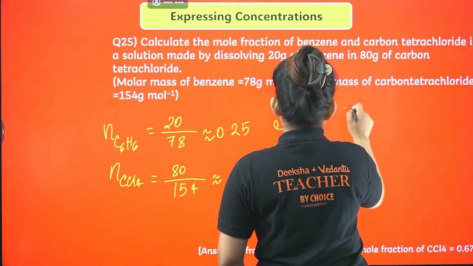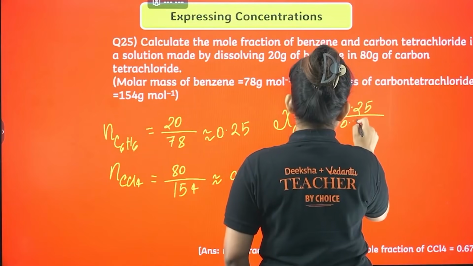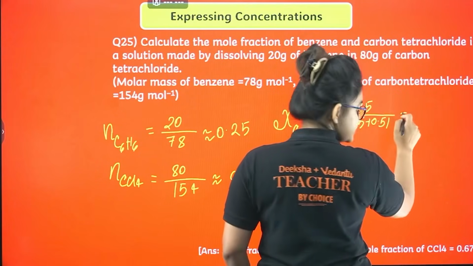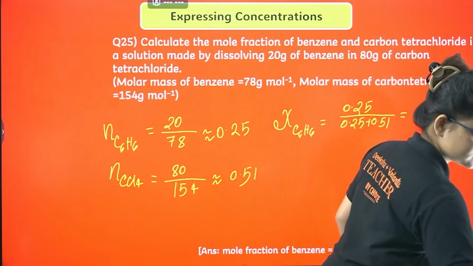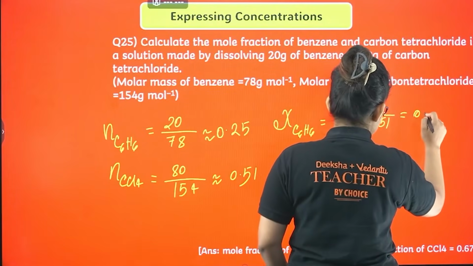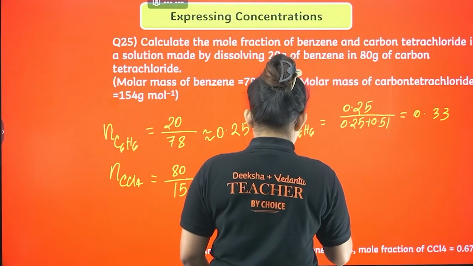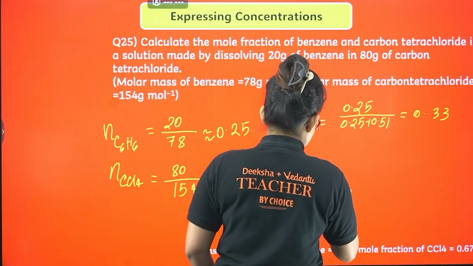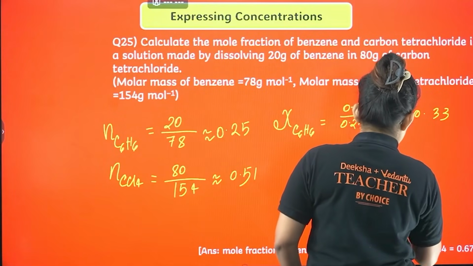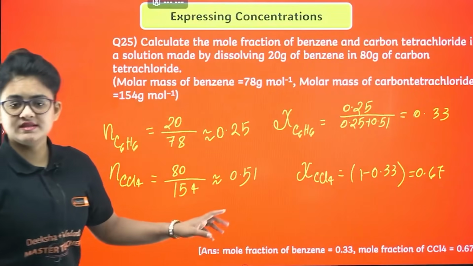That is 0.25 divided by 0.25 plus 0.51, right? If you calculate this, your answer will come up to be something like 0.33. And similarly the mole fraction of CCl4, 1 minus 0.33, that's going to be 0.67. Okay, I guess this is clear.